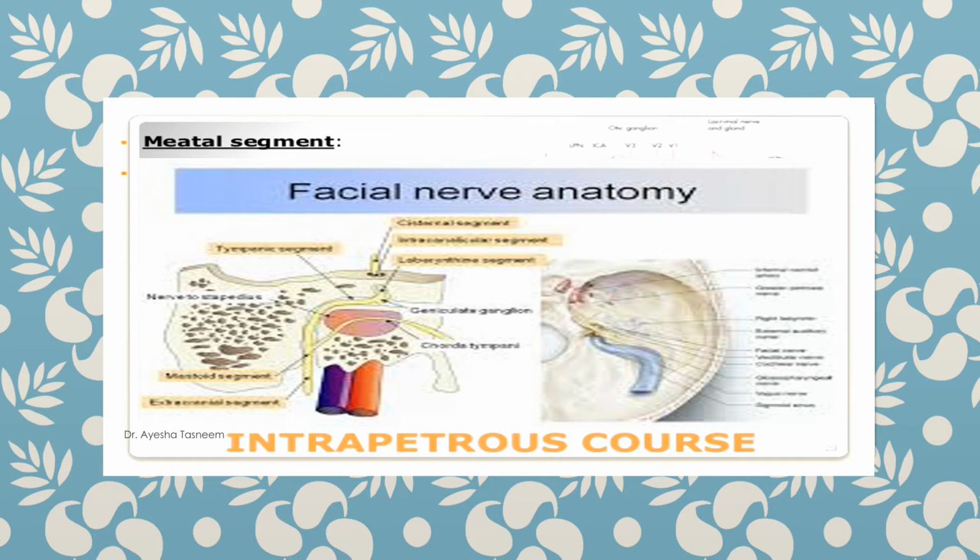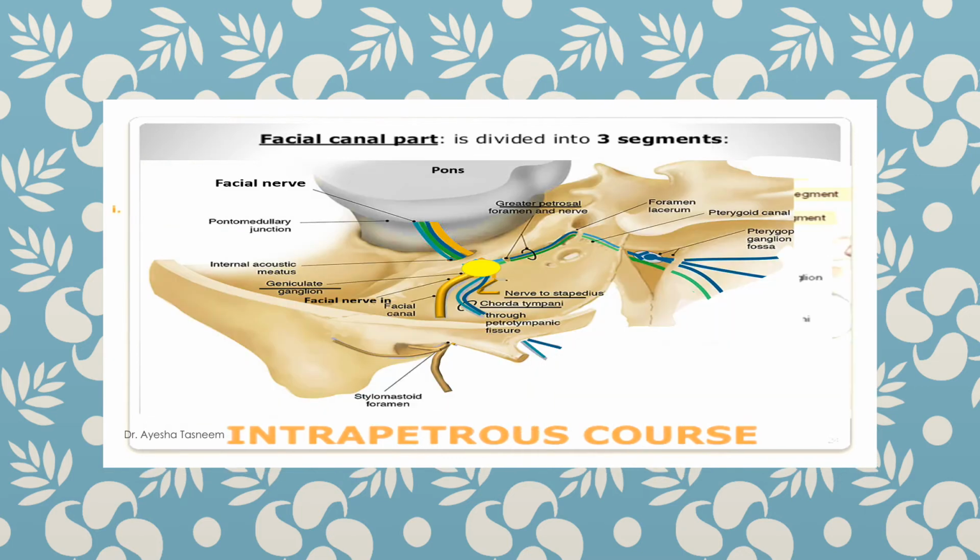At the bottom of the internal acoustic meatus, the two roots unite to form the trunk of the facial nerve, and then it enters into the facial canal. Here you can see this whole portion is the facial canal. In the next figure, this will be more clear.